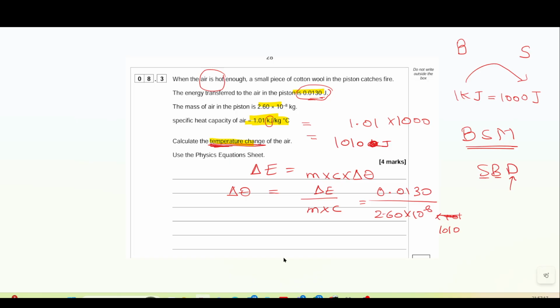Divided by 0.0000026 times 10 to 5. I don't think this is right. Did you put this 10 raised to power -8? Okay, it comes out to 505 million.